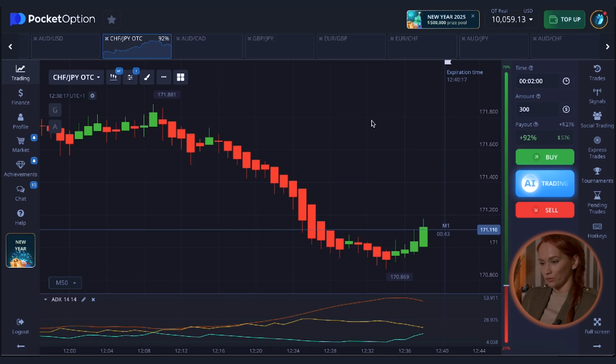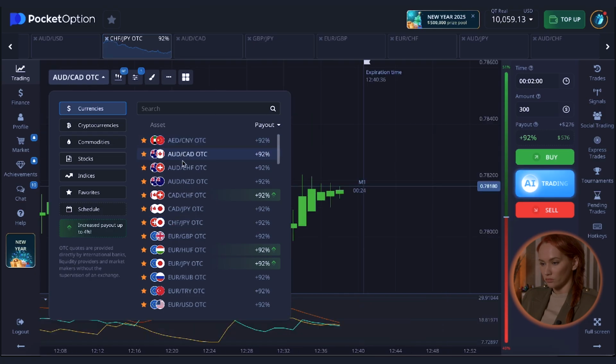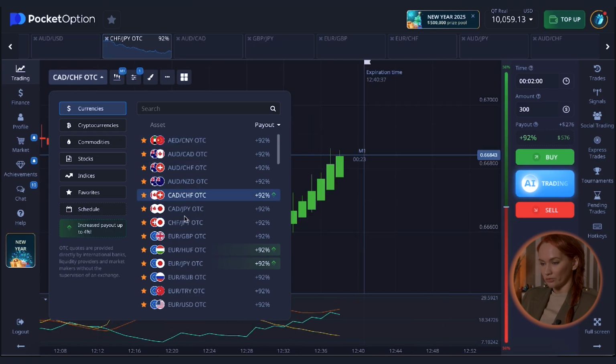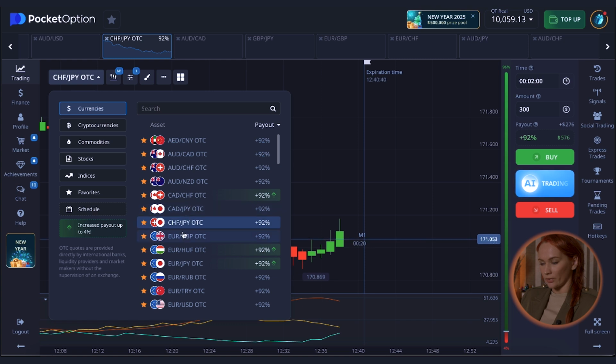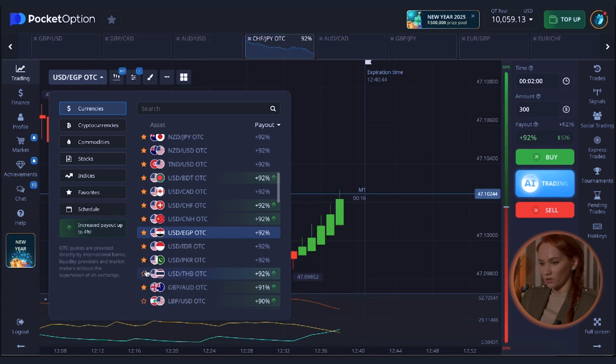Now let's move on to choosing signals. And for this, we need to choose currency pairs. I'm choosing currency pairs with a payout of 80% and higher.